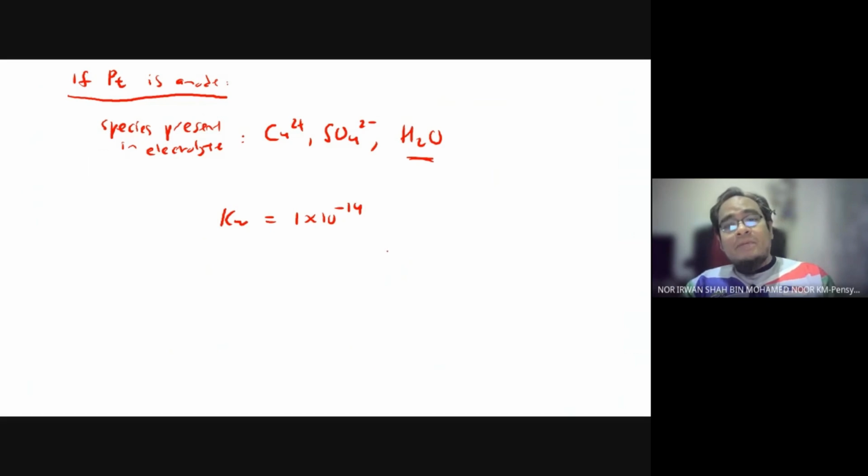Yang banyaknya adalah water itself. Jadi sebab itulah you all tak boleh pecahkan dia kepada H+ dan hydroxide, sebab quantity is very small. Sebab tu untuk air kita tulis dia sebagai air. Sebenarnya you dah belajar benda ni last semester. Jadi ada 3 spesies, copper 2, sulfate dan juga water.